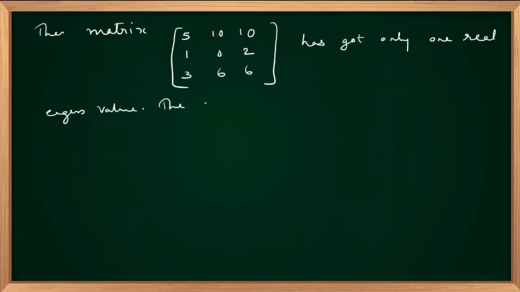The real eigenvalue is dash. That is the question. This was also asked in a GATE paper. I don't recollect the year, but you can try answering this particular problem. What is the answer?